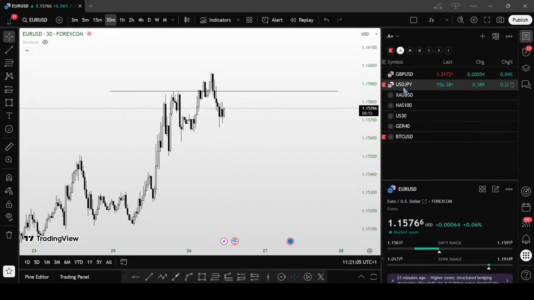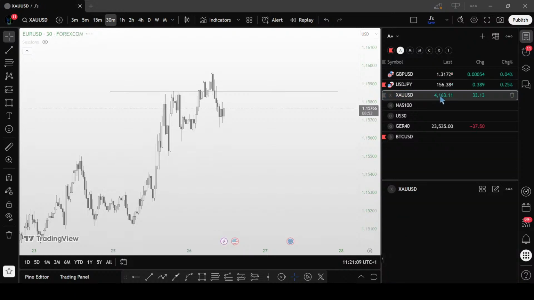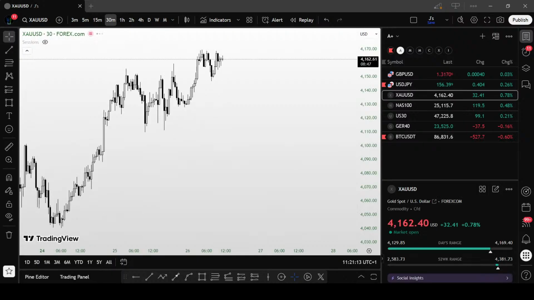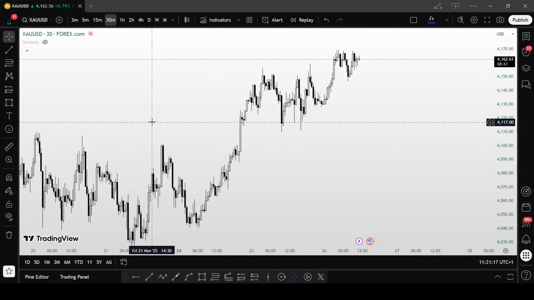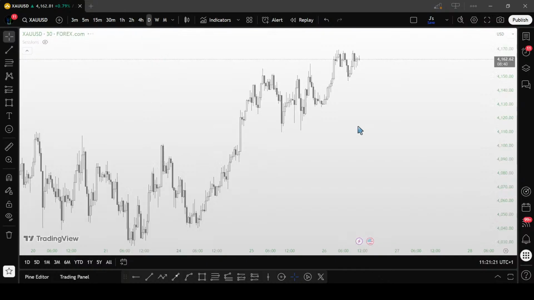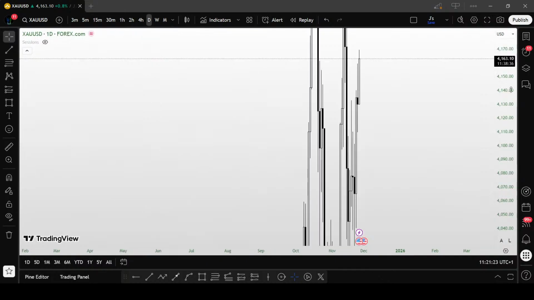Let's get into gold. Okay, now this is gold. What do we have on gold? Let's see, daily time frame all the way down to the 1 hour or maybe the 30 minutes time frame.